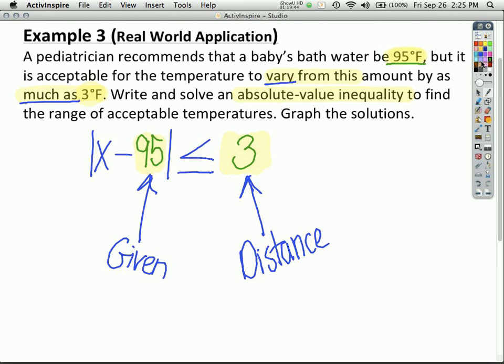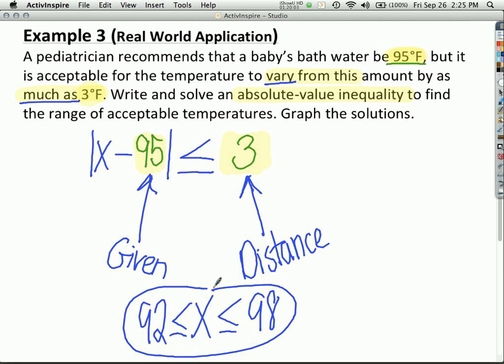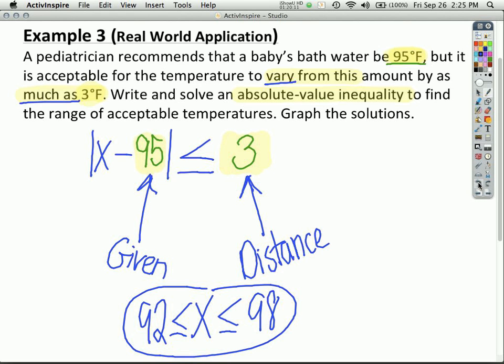The solution is because we just thought about it logically. If I add 3 to 95, I end up at 98. If I subtract 3 from 95, I end up at 92. That's the solution. That is the absolute value inequality that solves to get that solution. You have to be able to do both.